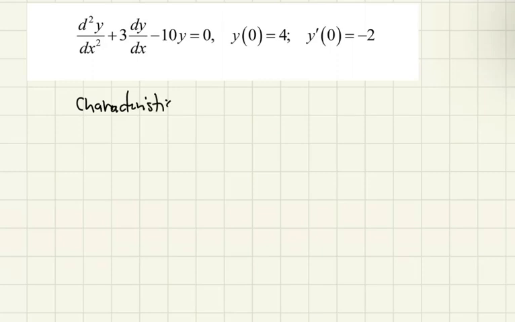Okay, so first we have m squared plus 3m minus 10 equal to 0.